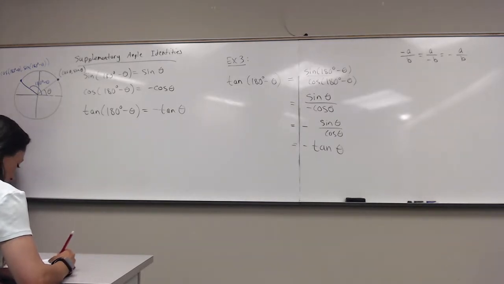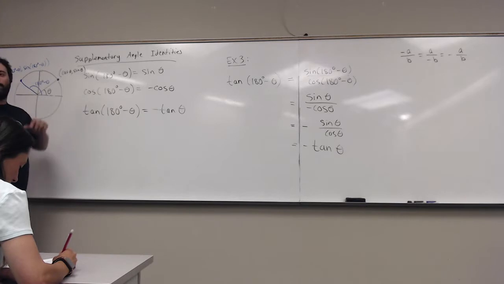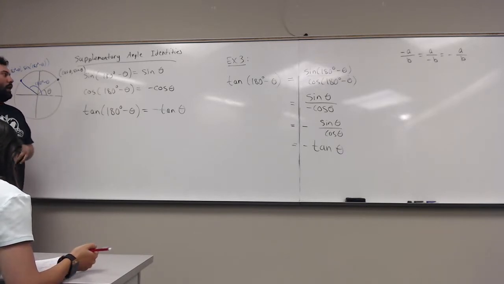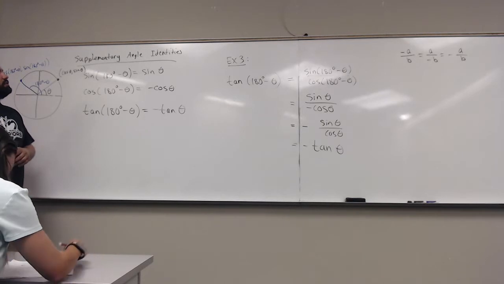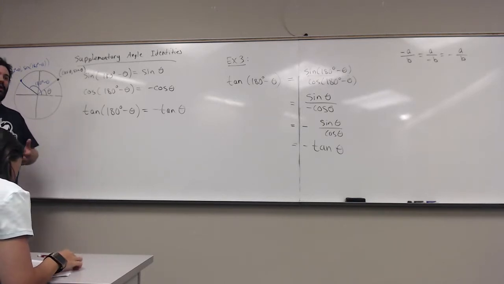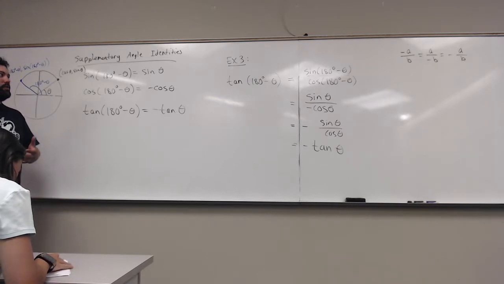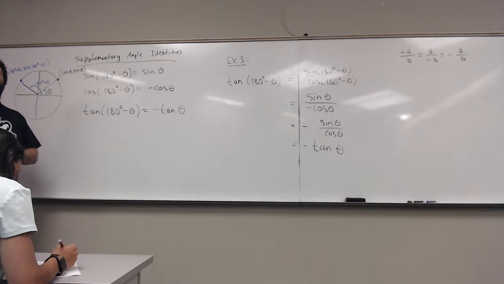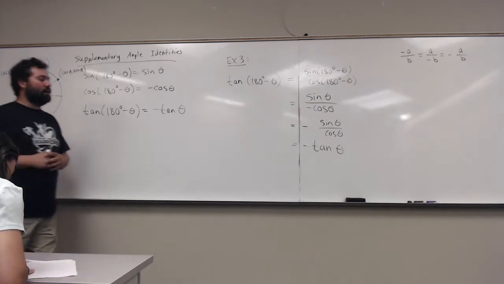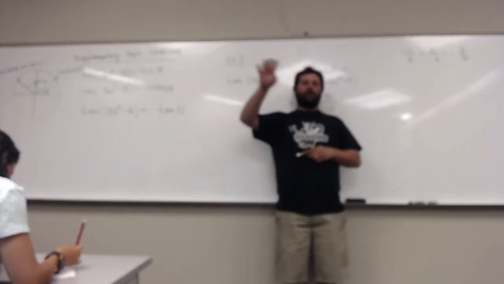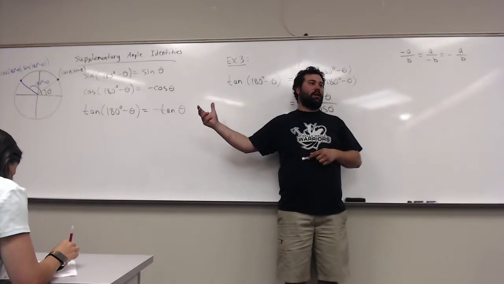Okay. And remember, 180 degrees could also be replaced with pi if you're working with radians. These angle identities, there's times where they're important to use. There's also times where they're not so important. I'm presenting these identities here, and we're going to be working with a lot more identities later in chapter 6. In fact, I think all of chapter 6 for the most part is about showing that identities are equal using other various identities.